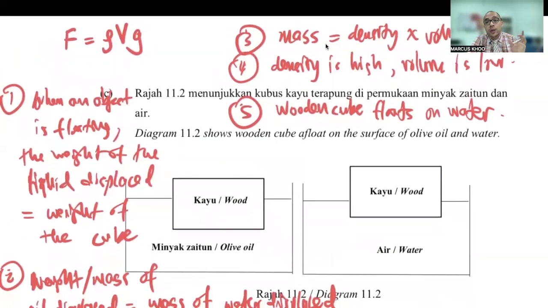When we take out the g, since rho V is actually m, the weight of the water displaced is mg, but we can write m in terms of rho times V. The mass equals the density times the volume. Since the mass is the same, what changes is the density and the volume. When the density is high, the volume of the liquid displaced is low, which makes the wooden cube float on water, because it is displacing less volume, same weight, but just less volume.